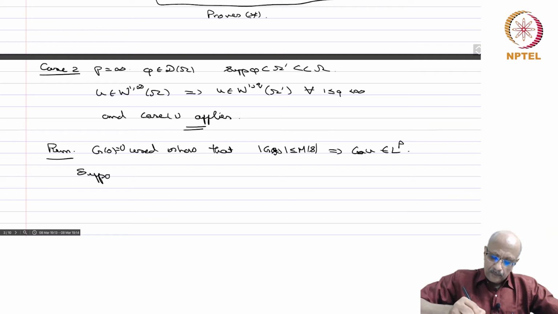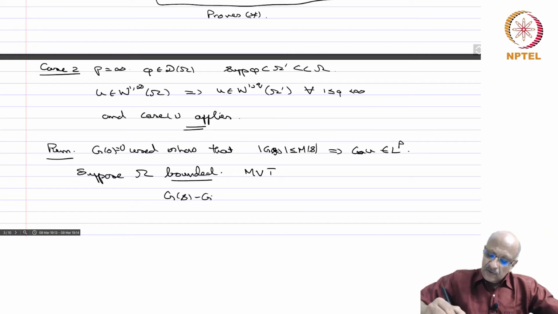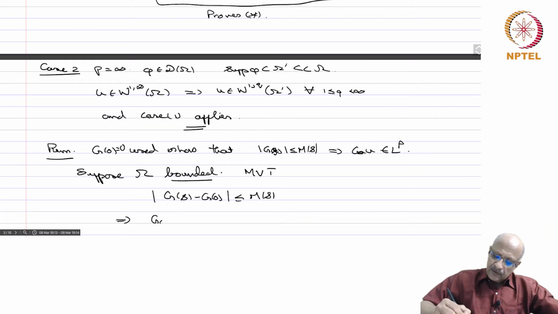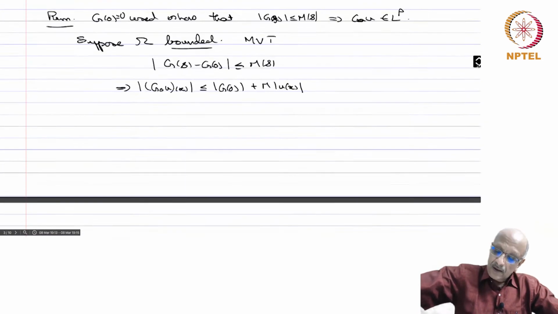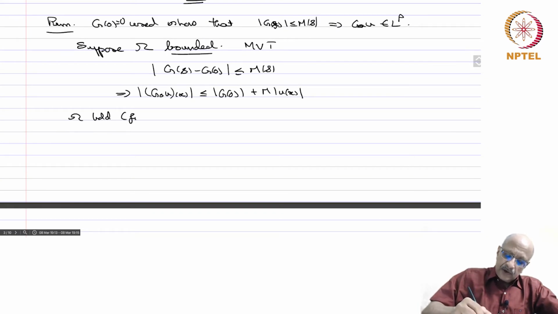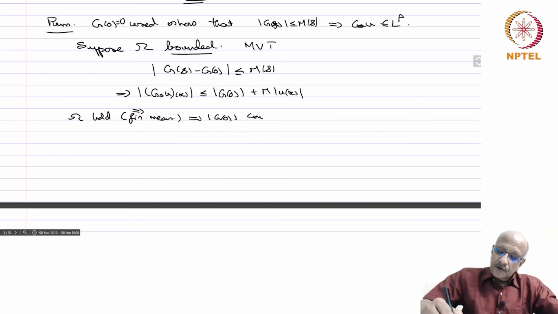Suppose omega is bounded, then by the mean value theorem you have mod g of s minus g of 0 is less than or equal to M times mod s, and that implies that mod of g composed with u of x is less than or equal to mod g of 0 plus M times mod u of x, and omega bounded means finite measure, which implies mod g of 0, a constant function, is in L^p, and therefore this implies that g composed with u is also in L^p.